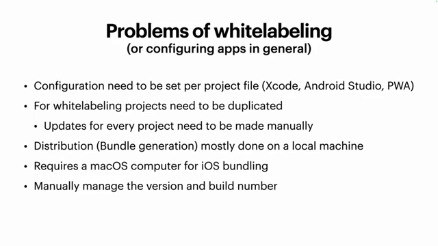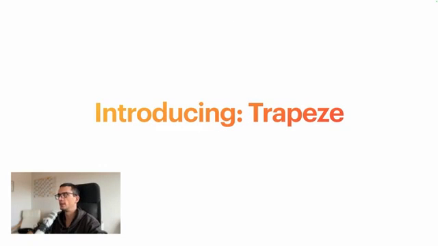For iOS you need a macOS computer, which is sometimes not easily possible in large enterprise companies, and you manually need to manage the version and build numbers for your applications. And that's where Trapeze comes in.